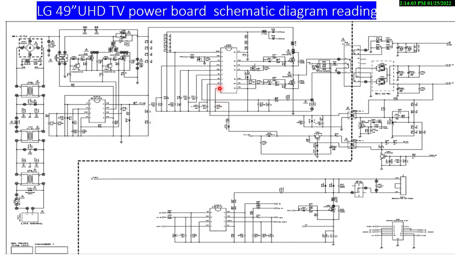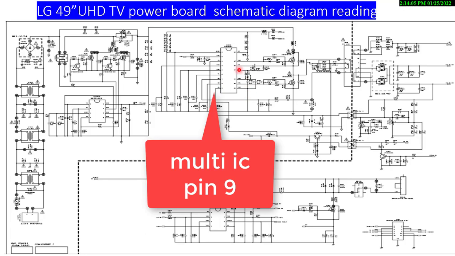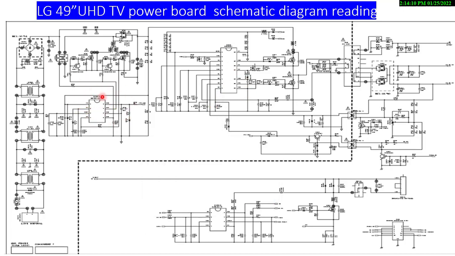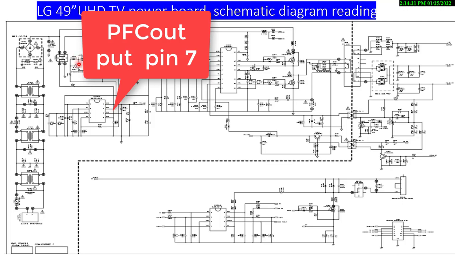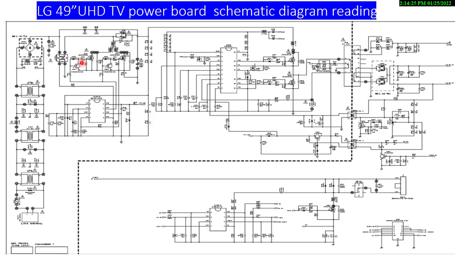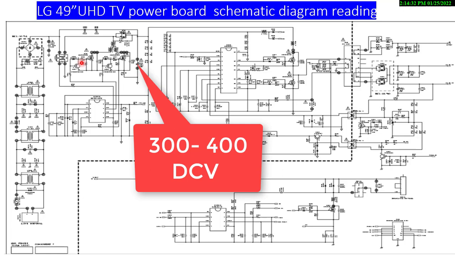So now the multi-IC and the PFC IC start working. When the PFC starts fully working, we have output voltage from the PFC IC to these switching transistors. These switching transistors make on-off signals to boost the voltage from 300 voltages to 400 voltages.